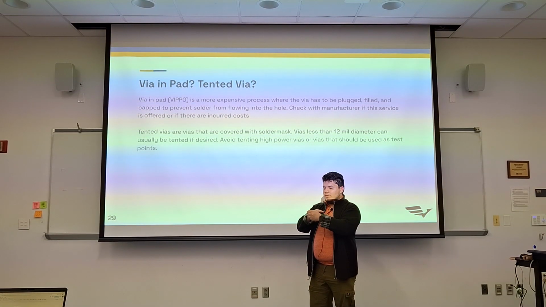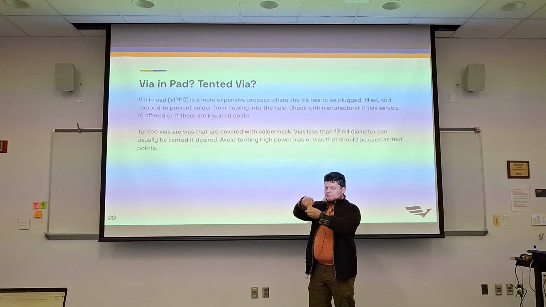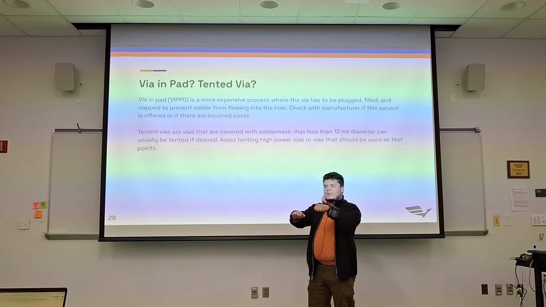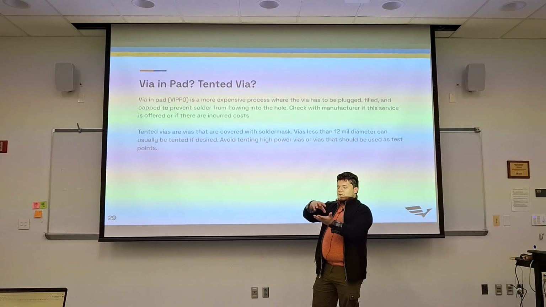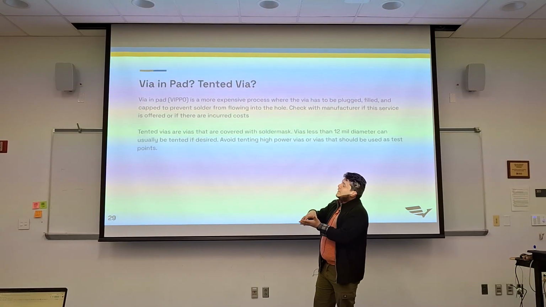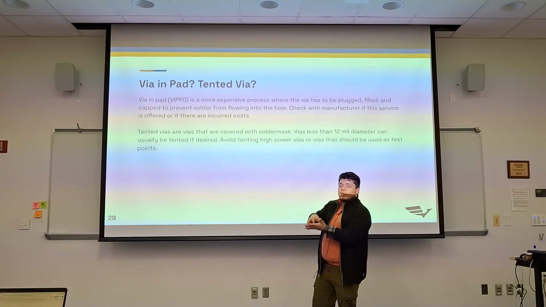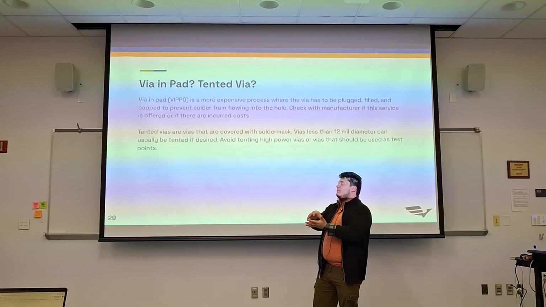So you have to ask the manufacturer to plug the via, cap it, plate it over, and surface flat so that you don't have a bump or a divot, because then your component is going to be shifted up or sideways. This is especially bad if you have a lot of contacts on a part. So ideally, try to avoid it if you can. You can add them and request them, but do note that it adds cost in processing.